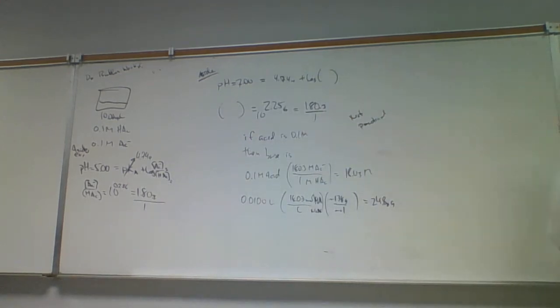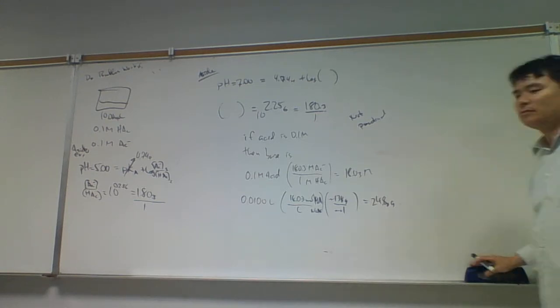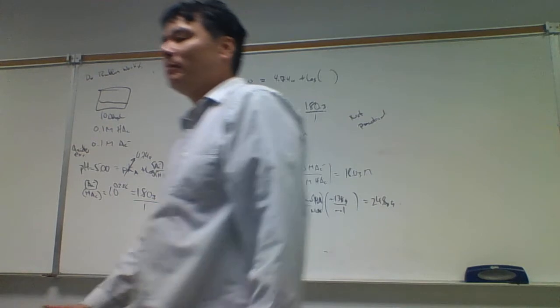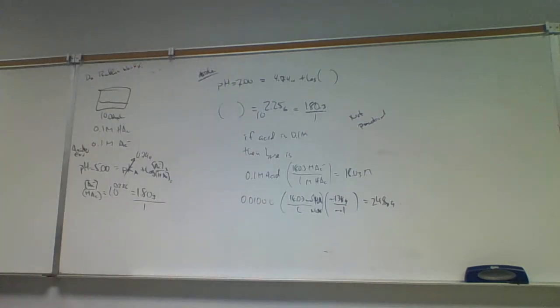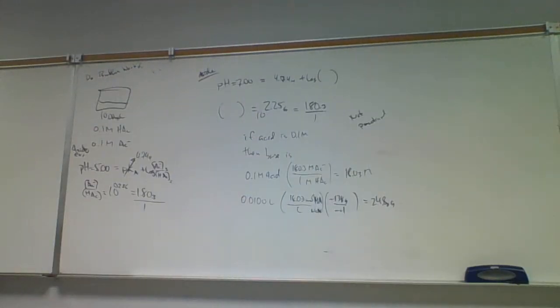This acetic acid, sodium acetate, which we call a buffer system, is not good for making a pH 7 buffer. And so we need to find a buffer system that's good at making a pH 7 buffer. So what would we look for in terms of that? Slightly stronger base, maybe?